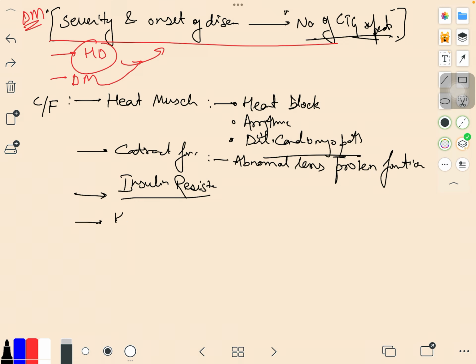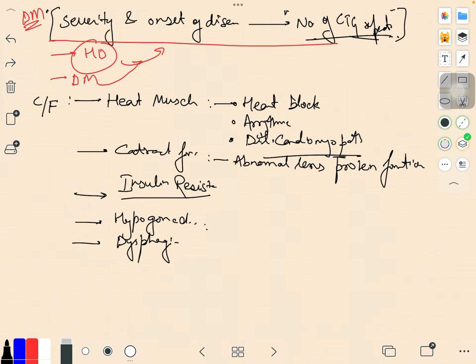Then there can also be hypogonadism. There is usually cognitive impairment in severe cases. Muscles of mastication will also be affected, as well as there can be problems in swallowing, so dysphagia.